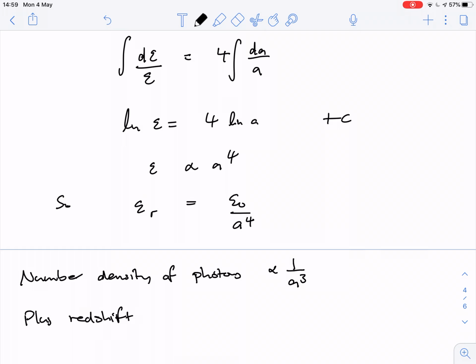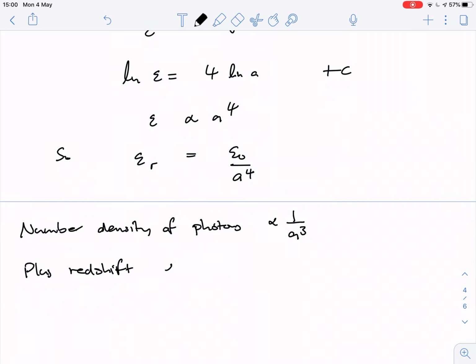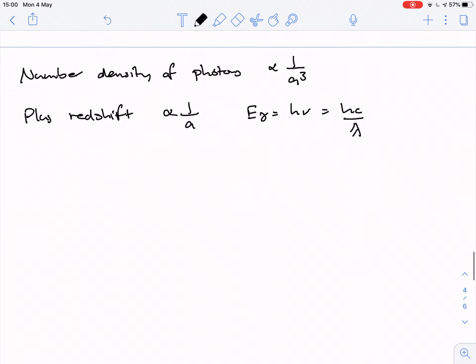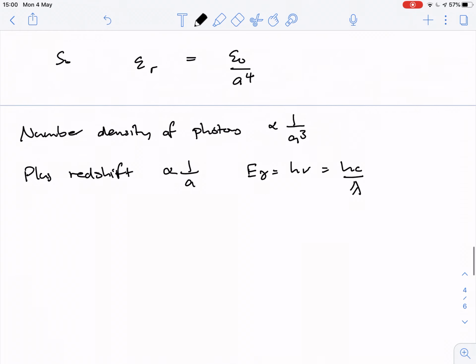So photons lose energy as the universe expands, proportional to 1 over the scale factor. Given that the photon energy is hν, which is hc over λ, if λ increases with the scale factor, then the energy goes down. So this comes out of an equation, but you can have a physical motivation for what it does.